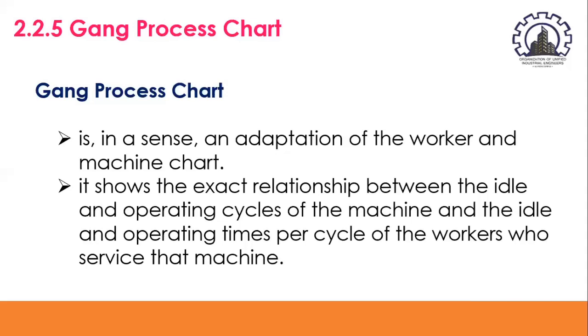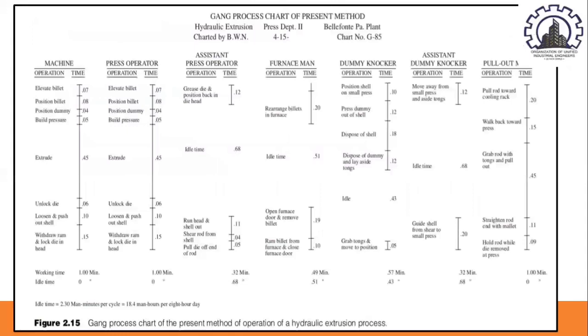Now, as you can see in figure 2.15, it illustrates a Gantt process chart for a process in which a large number of idle work hours exist, up to 18.4 hours per 8-hour shift. Okay, as you can see, this chart also shows that the company is employing 2 more operators than are needed.